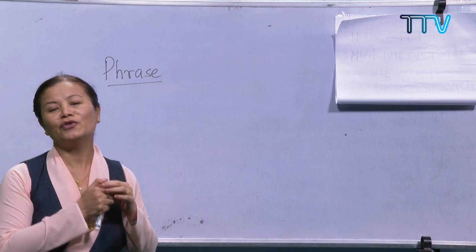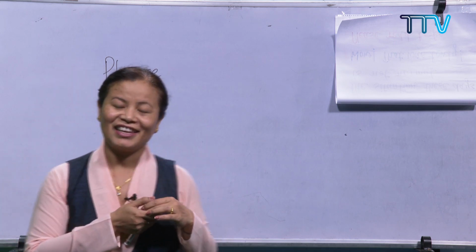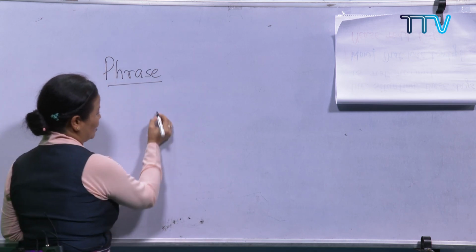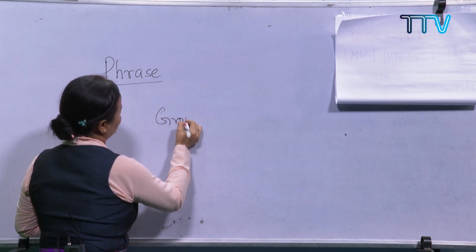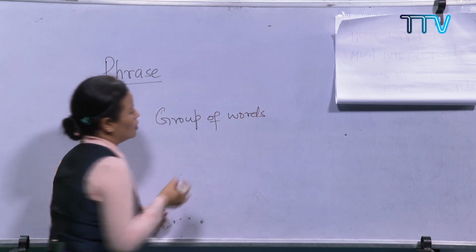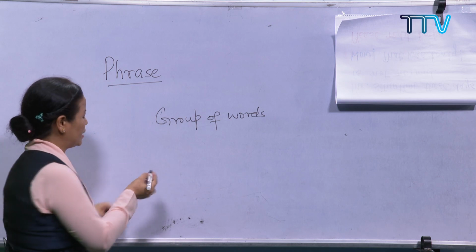Now, how many of you know what a phrase is? A phrase is a? Some of you may be saying a group of words. So, a group of words. Let me give you an example.